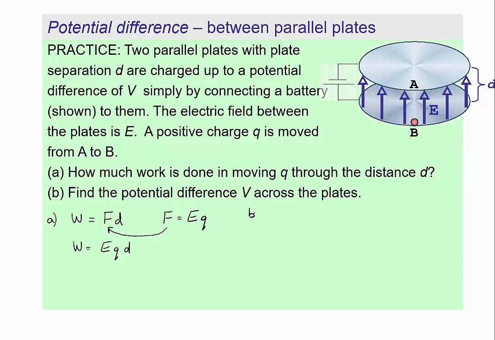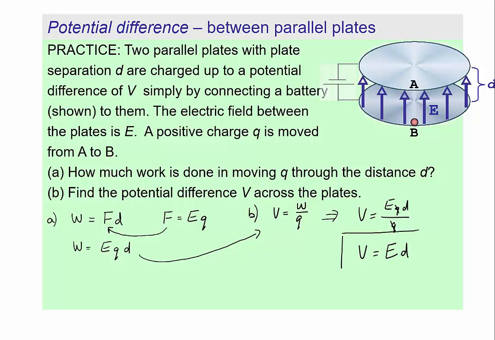For part B, all we need to do now is turn to the definition of potential difference. And the potential difference is the work done per unit charge. So if we then take our solution to part A and substitute it into that definition, what we get is V, the potential difference, is E Q D on Q. The charges cancel, and what we get here is the potential difference is the electric field strength times the distance between the plates.